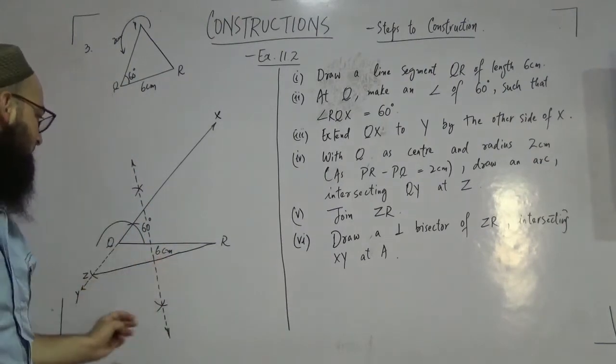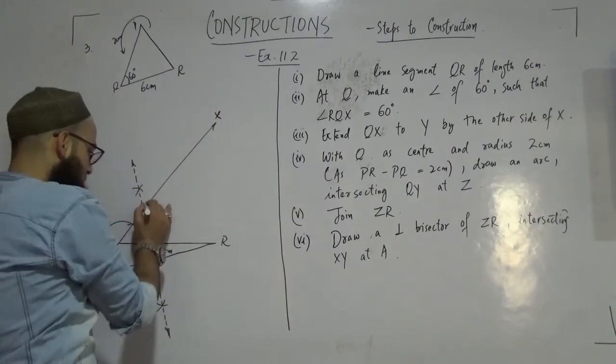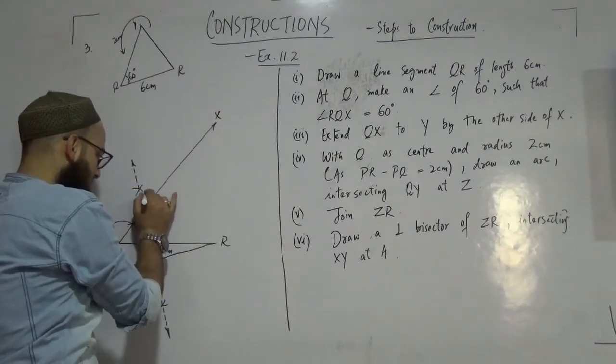Perpendicular bisector for ZR intersecting XY at, this is your A.